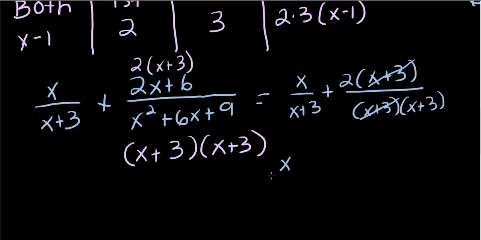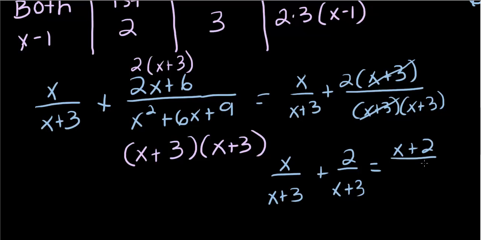So I will have x over x plus 3 plus 2 over x plus 3. Now I have a common denominator, so that's going to give me x plus 2 over x plus 3, and that will be the answer.